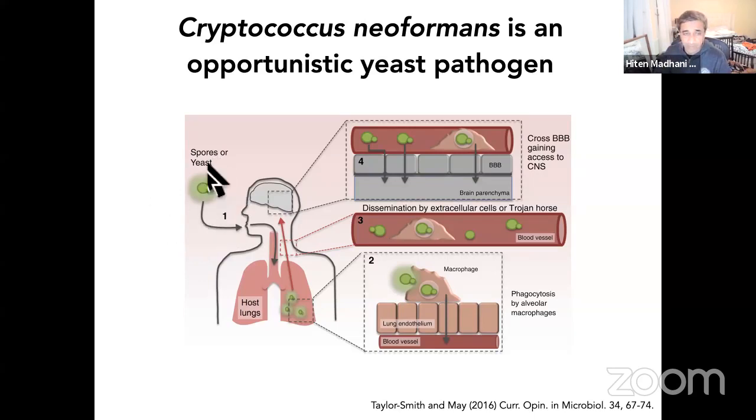And this organism is inhaled and you and I clear it thanks to our adaptive immune system, but without CD4 T cells, the organism can't be controlled and spreads into the blood, into other tissues, and in particular the brain, to cause a meningoencephalitis that is uniformly lethal if not treated, and displays fairly high mortality even with optimal treatments.